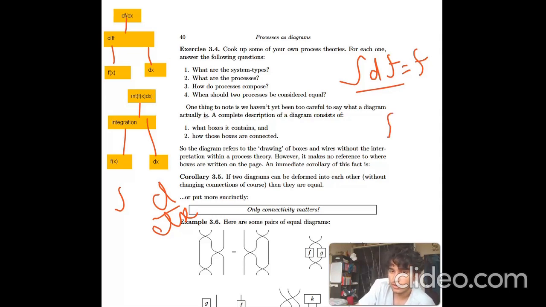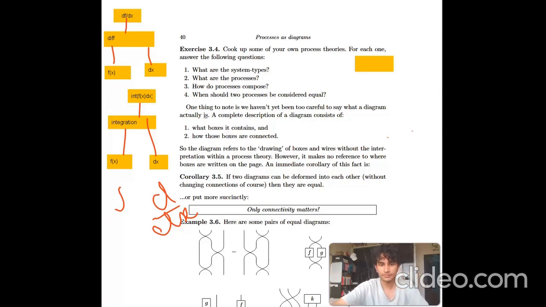So the process of, okay, wait, let me explain this diagrammatically. I think it'll click now. So if you had diff over here and you had integ over here, and you had your two outputs and you had that same output over here because this is dx, that's going to go back the same, and if you checked what you got over here, it would be equal to not doing anything at all.